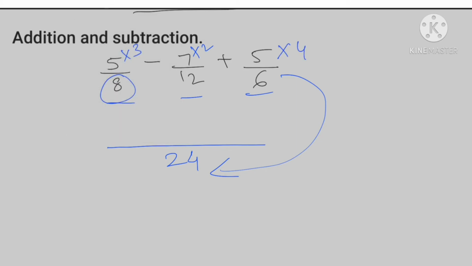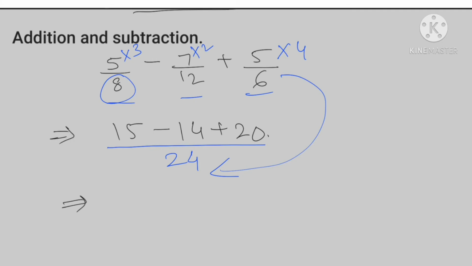After we are done with this, we'll just multiply. 5 3s are 15, 15 minus 14 plus 20. This is where we have reached.